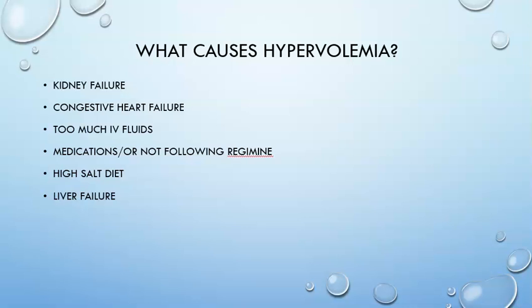We already covered this a little bit. Kidney failure, congestive heart failure are your two biggest fluid retention. Too much IV fluid, so if you give a patient 2, 3, 4 liters of IV fluid because they have a low blood pressure and you're trying to fix that, you could potentially send them into a hypervolemic state and their body's not able to get rid of that fluid effectively.